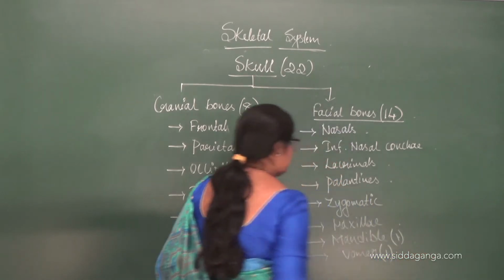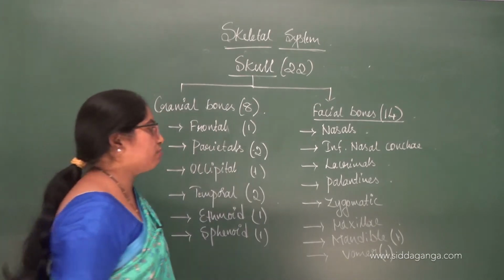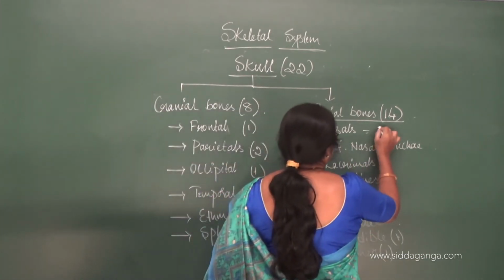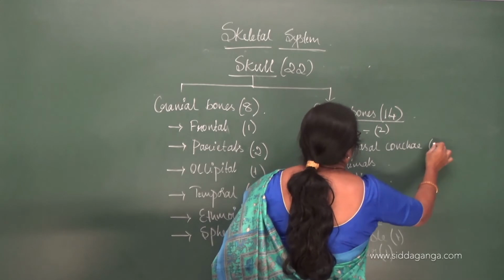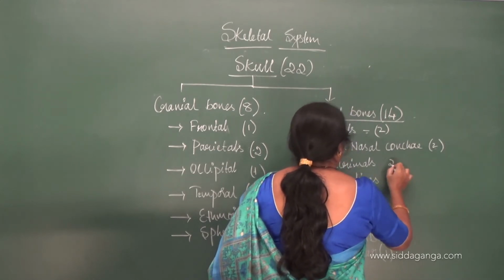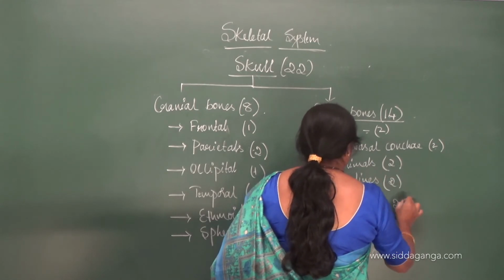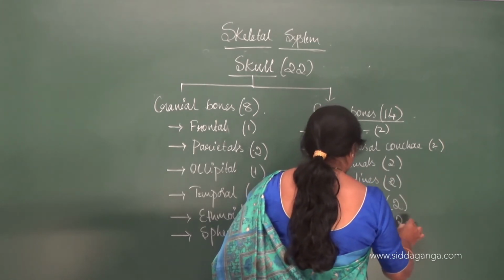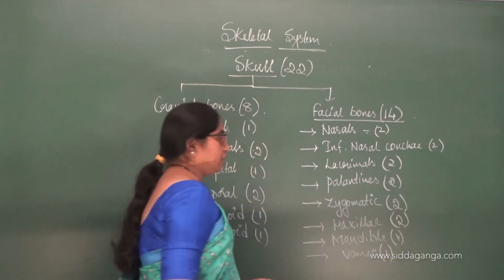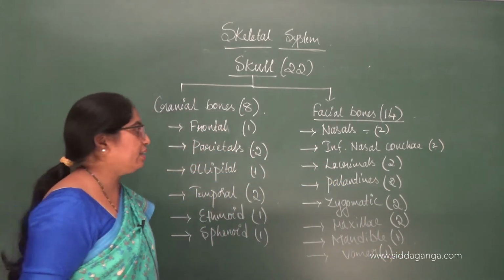Mandible and vomer, each of it is 1 in number, whereas nasals 2, inferior nasal concha 2, lacrimals 2, palatines 2, zygomatic 2, maxillae 2. Whereas mandible and vomer, they are 1 in number.